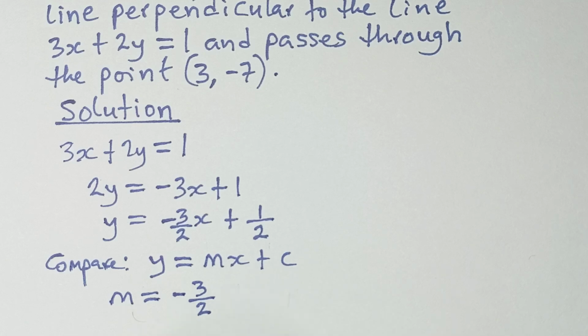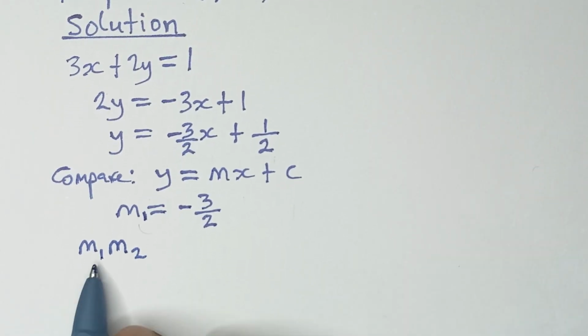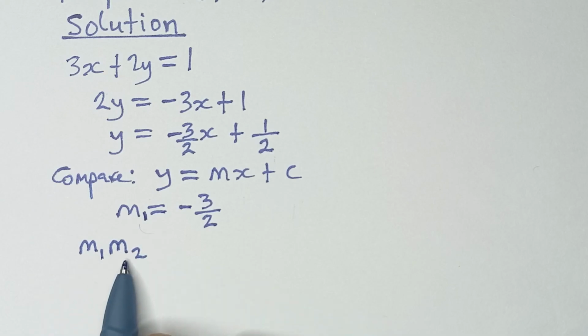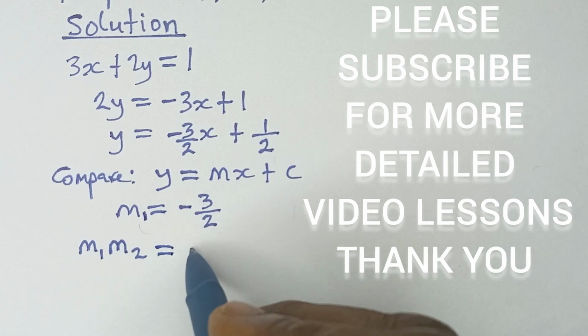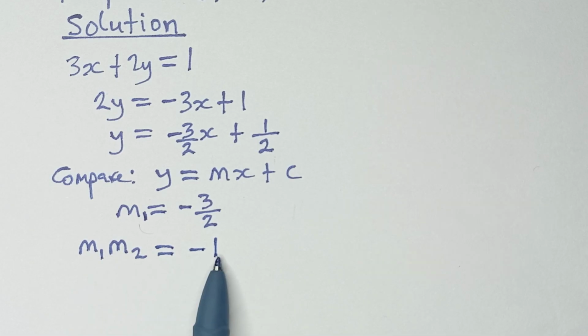So when two lines are perpendicular, we can take this slope as m1, and the product of their slopes, m1 multiplied by the other slope, m2, will give us -1. So when two lines are perpendicular, the product of their slopes is -1.